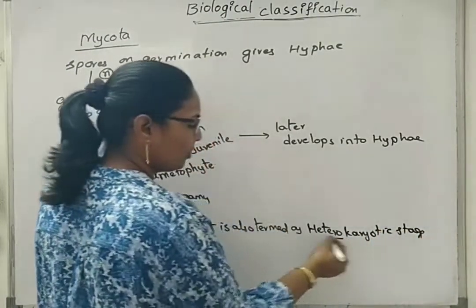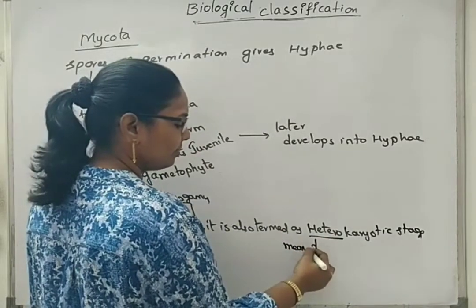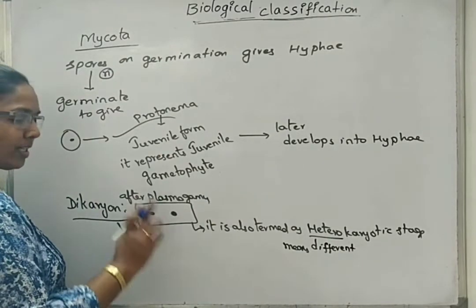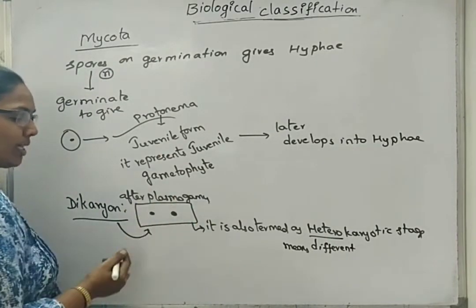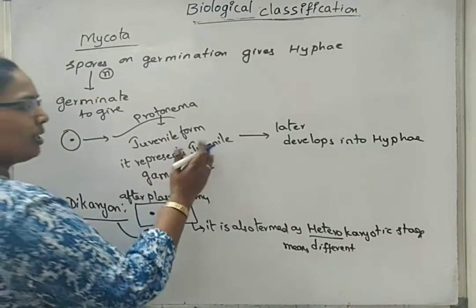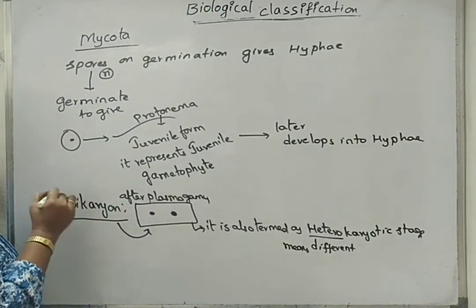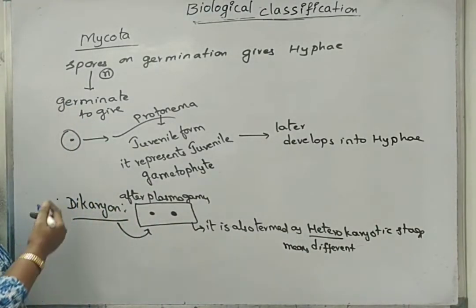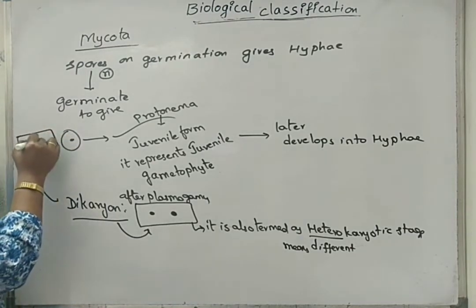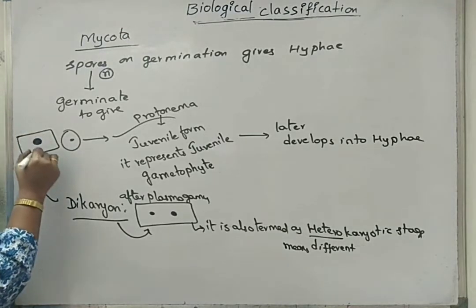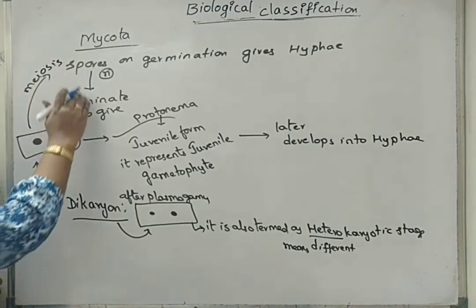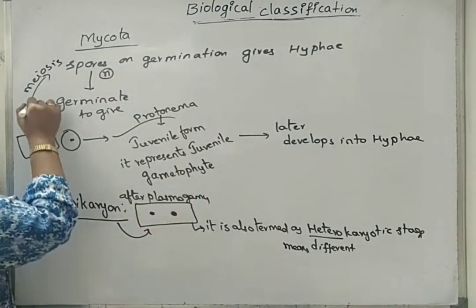Hetero means different. So different nuclei from different hyphae chambers formed into one single cell with two nuclei, so called dikaryon, also called heterokaryotic stage. From the dikaryon stage the spores are formed later. Here karyogamy happens, one single nucleus, means zygote-like structure. Later it will undergo meiosis and form spores. Those spores on germination again give rise to these types of structures.